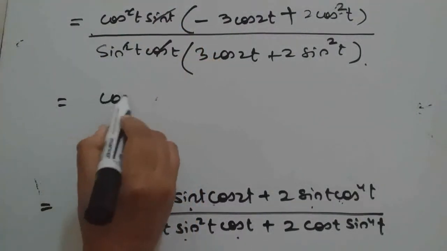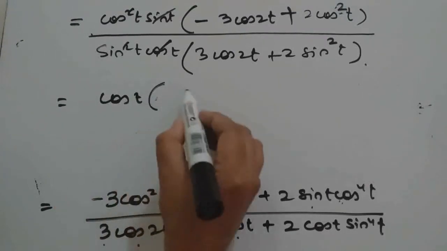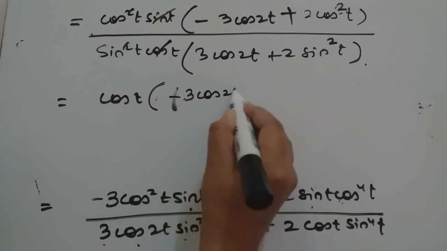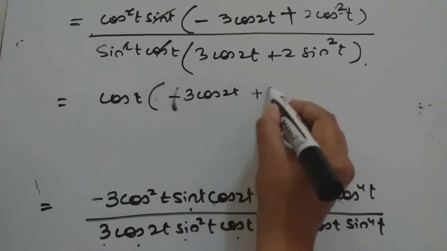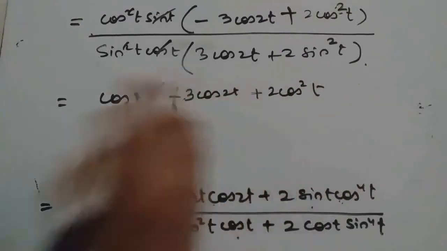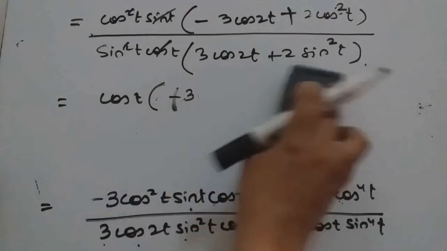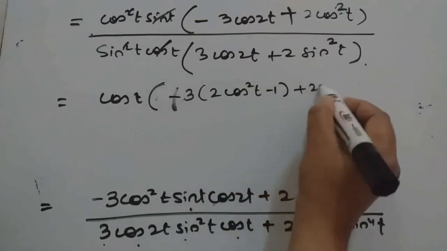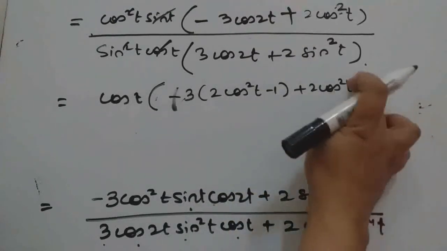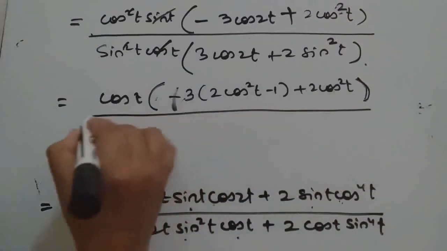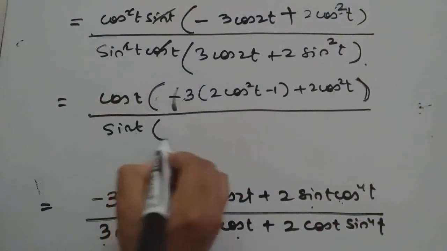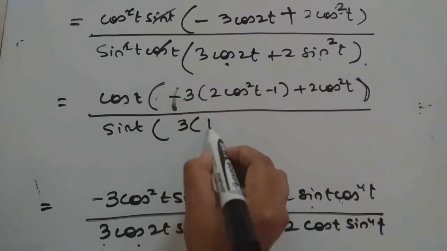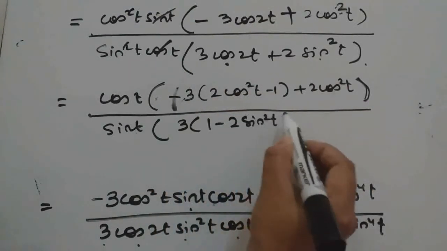So cos t bracket 2 cos minus 3 cos 2t plus 2 cos square t. So this cos 2t also we can change in terms of cos, isn't it? What is the formula? 2 cos square t minus 1. Here sin t will remain, and here this cos 2t will change in terms of sin. So what is the formula? 1 minus 2 sin square t.